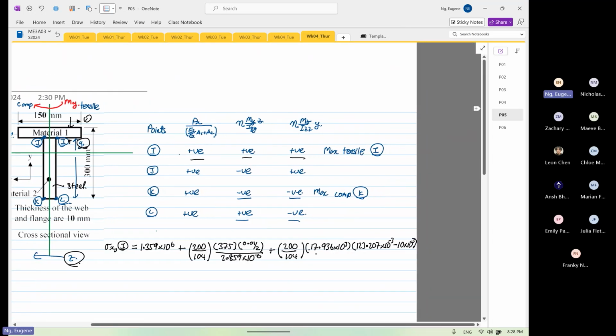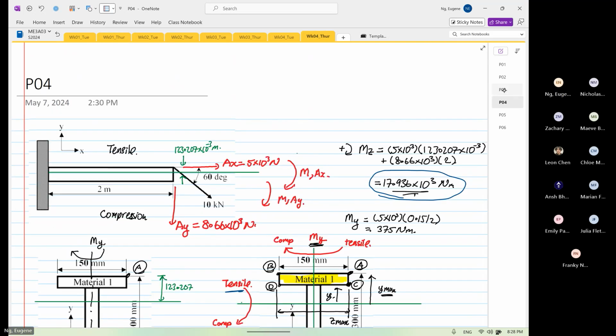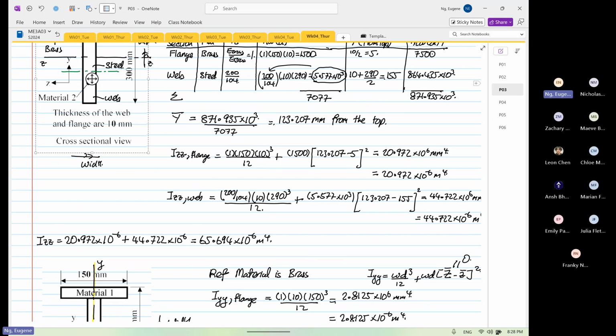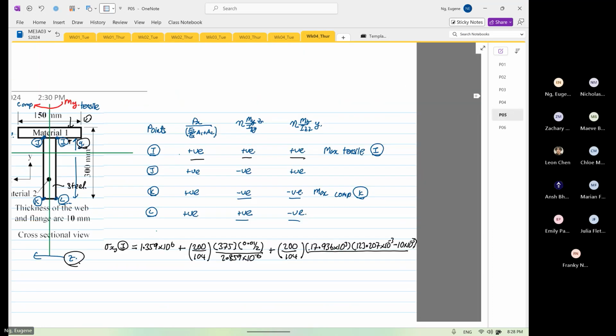Then divide by the I, which is 65.694 times 10 to the power minus 6. So this is equal to 1.359 times 10 to the power 6 plus 200 divided by 104 times 375 times 0.01 divided by 2, divided by 2.859 times 10 to the power minus 6, which is 1.261.